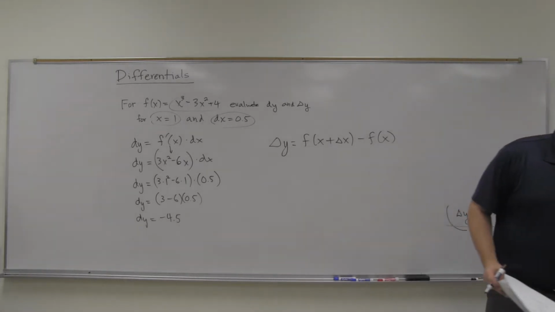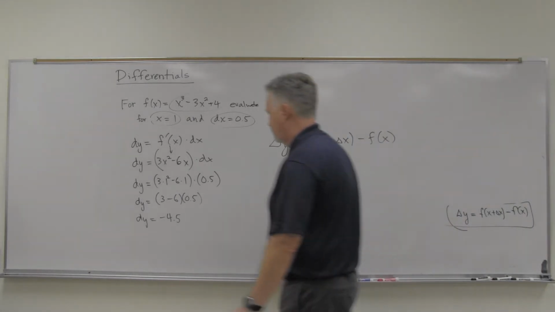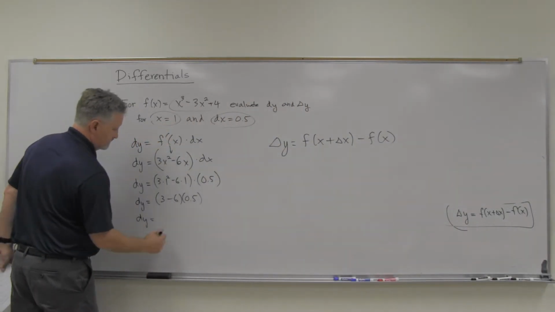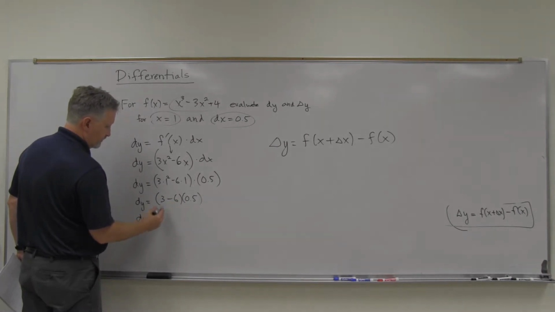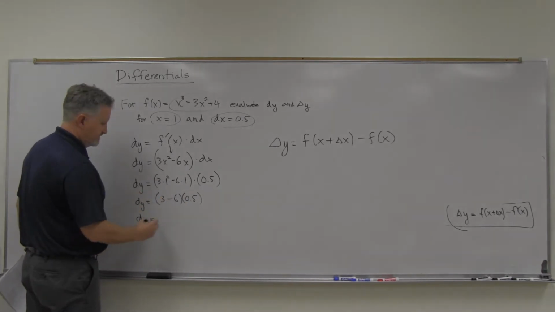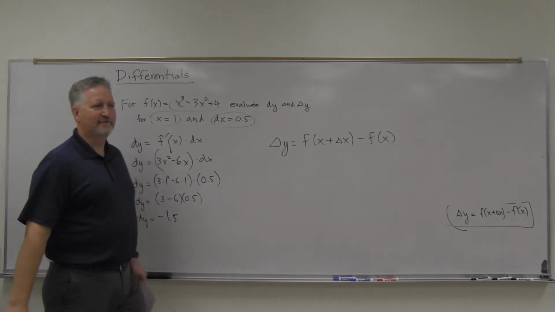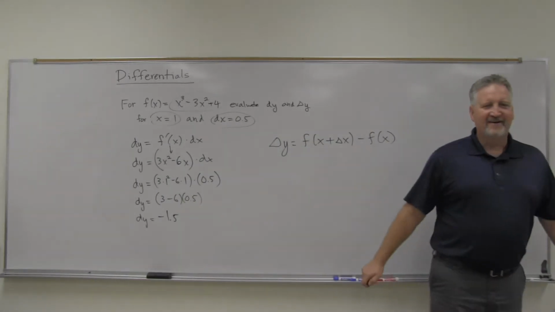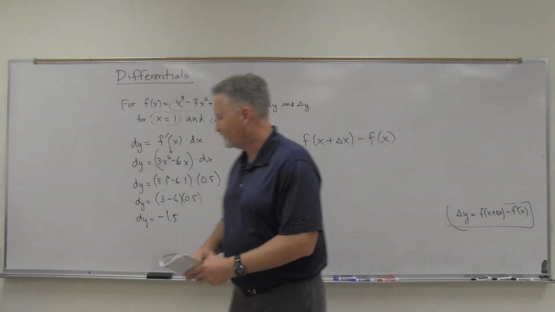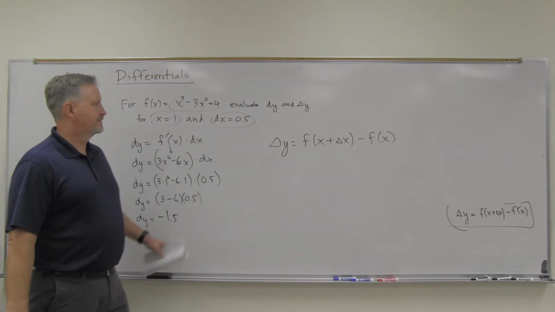Oh, I did that wrong. Negative 3 times 0.5 is just negative 1.5. I don't know where I got negative 4.5. Sorry about that. I don't know what I was multiplying. Okay, so dy is negative 1.5.